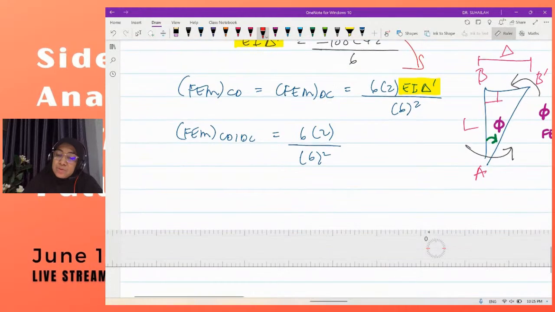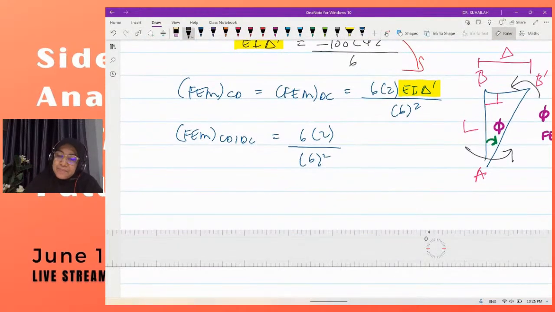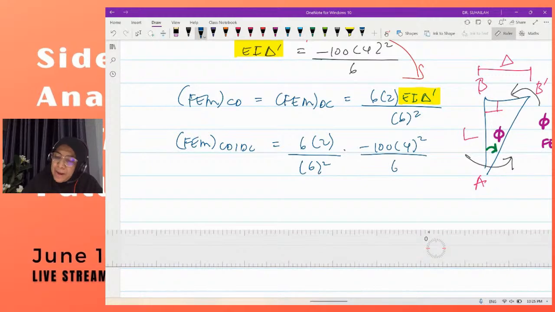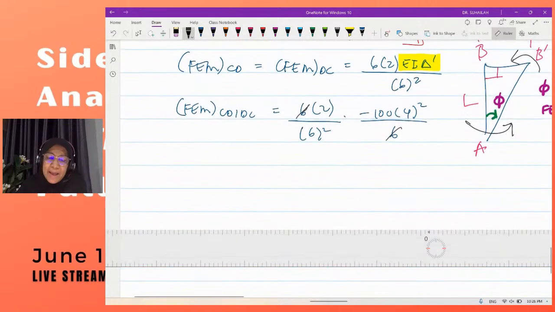So what we get is negative 100 times 4 squared divided by 6. So solving this, this 6 will be cancelled. Now FEM CD, FEM DC equal to.